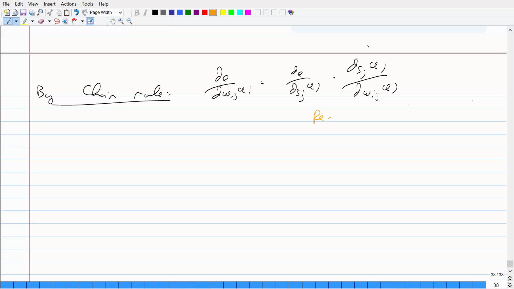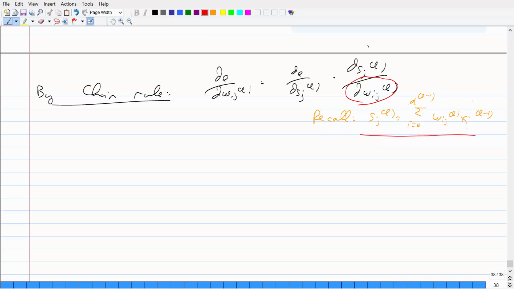Now, recall that this term is just a summation of weights, from 0 to the number of inputs. What I want to do is differentiate this with respect to the weight.